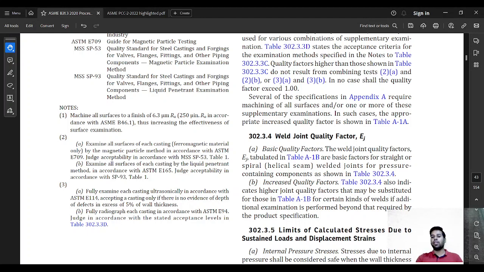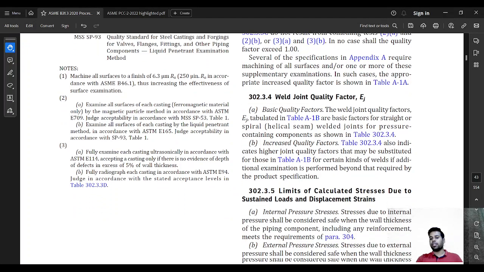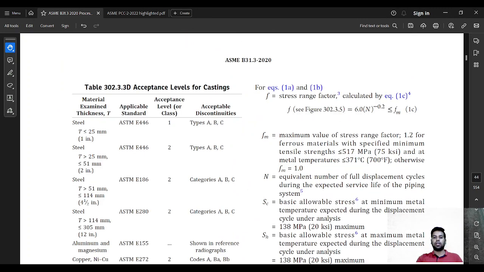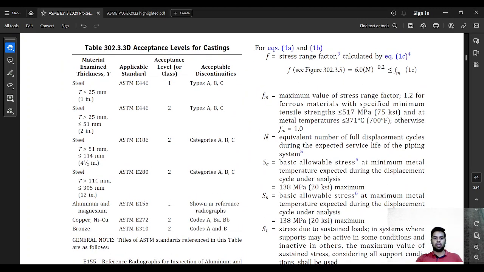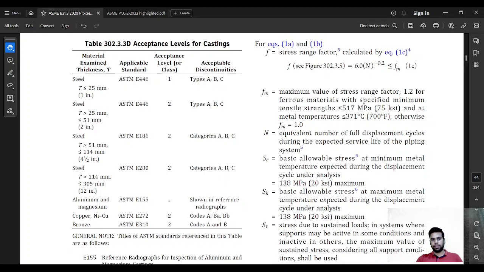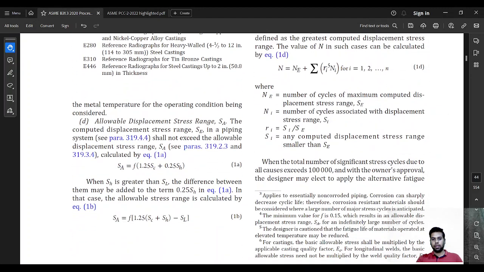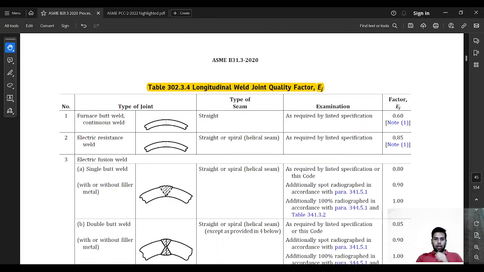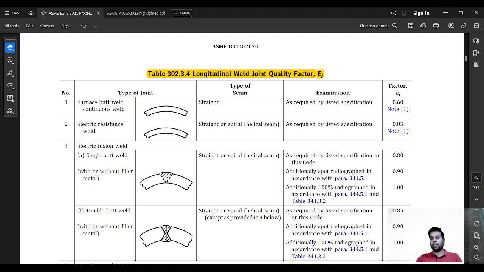Increased quality factors also indicate a higher joint quality factor that may be substituted for those in Table A-1B for certain kinds of weld if additional examination is performed beyond that required by the product specification. So these are acceptance levels for casting. These are joint quality factors for welding.